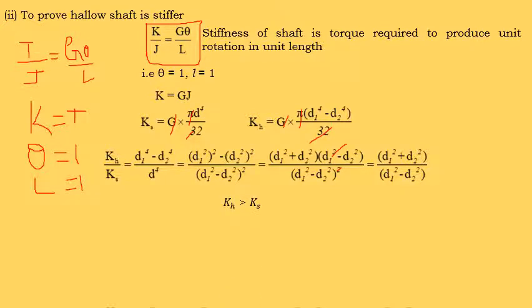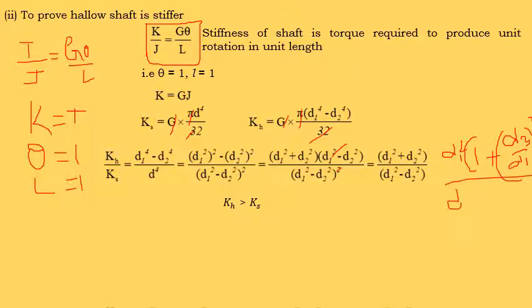From this equation it is clear that Kh, the stiffness of the hollow shaft, is greater than the stiffness of the solid shaft, because here we can take d1² as common. It becomes 1 plus (d2 by d1) whole square.